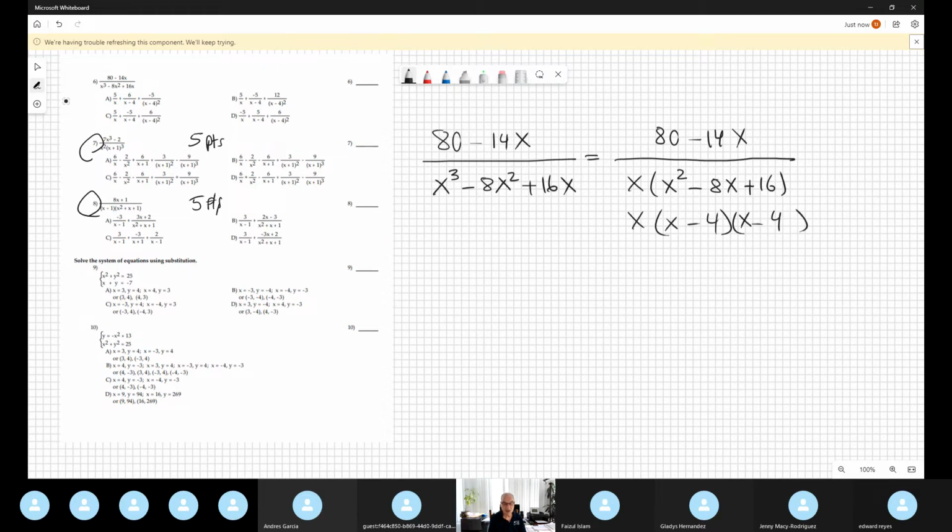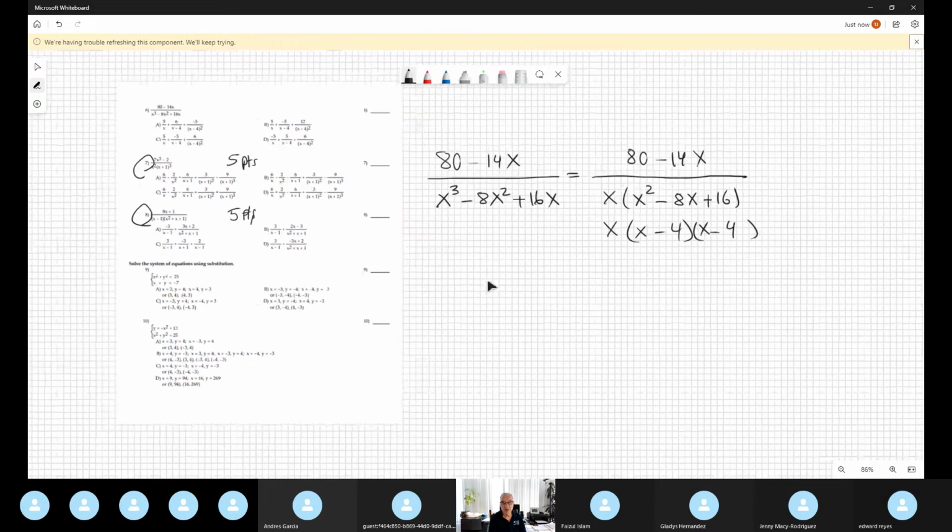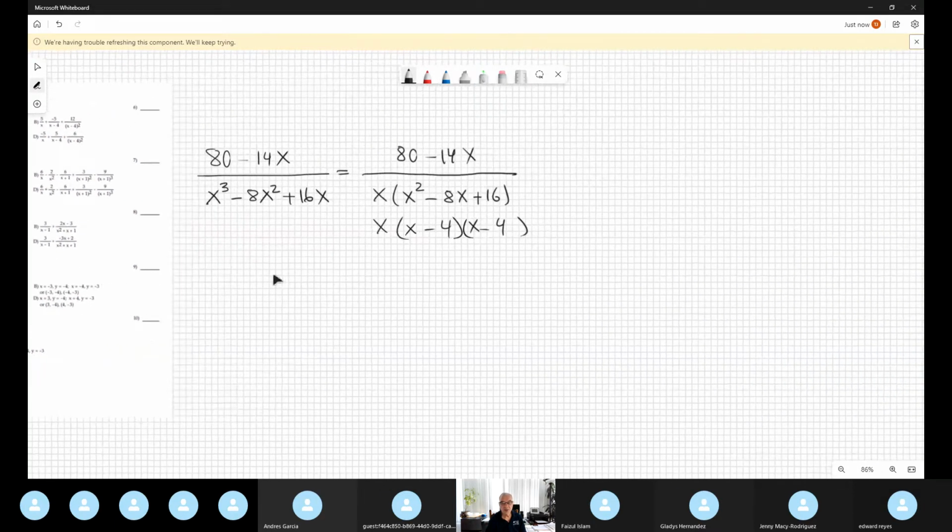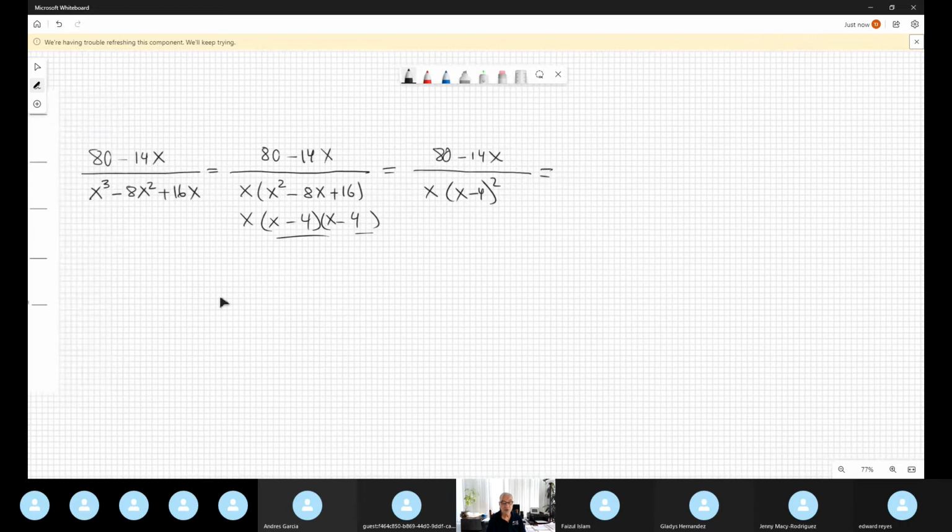Wow. So now we discover in this rational expression we have 80 minus 14x, and we have x and x minus 4 squared, because they are twin brothers, because this trinomial is a perfect square. Therefore, the partial fraction decomposition, when you include repetition, is different.